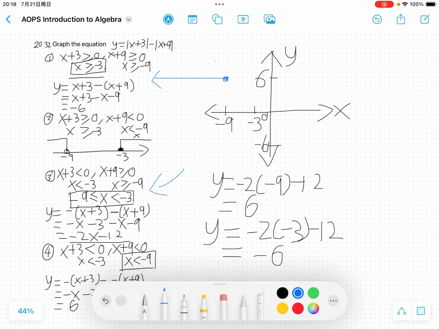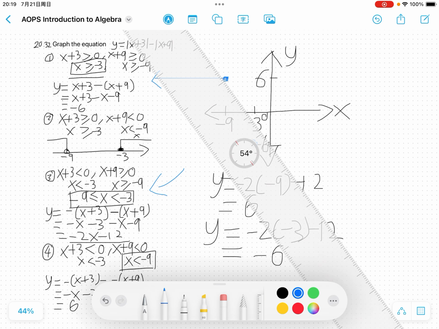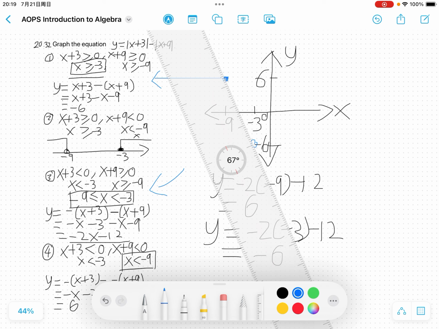We plot this point over here, but it doesn't count as part of the graph, so I put an empty circle. Now I have two points and a confirmed line, so I can connect them.